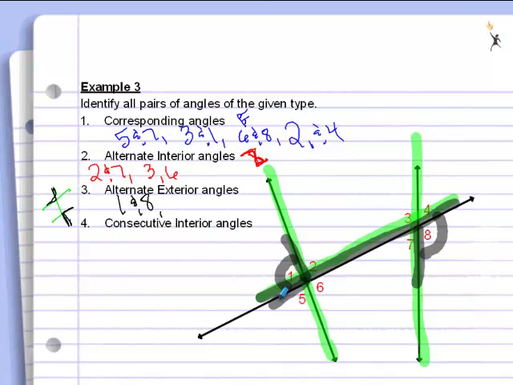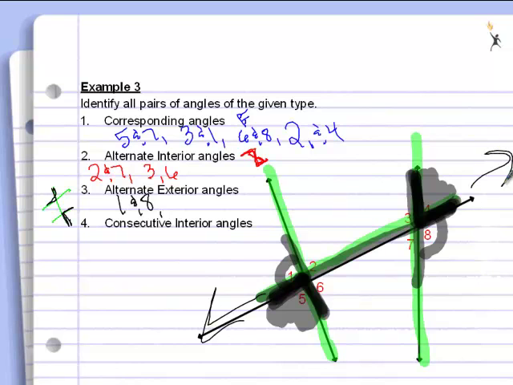Angle 5 and angle 4 are also alternate exterior angles. They are on opposite sides or alternate sides of our transversal, and they are on the exterior of our two lines. So 4 and 5 are also alternate exterior.